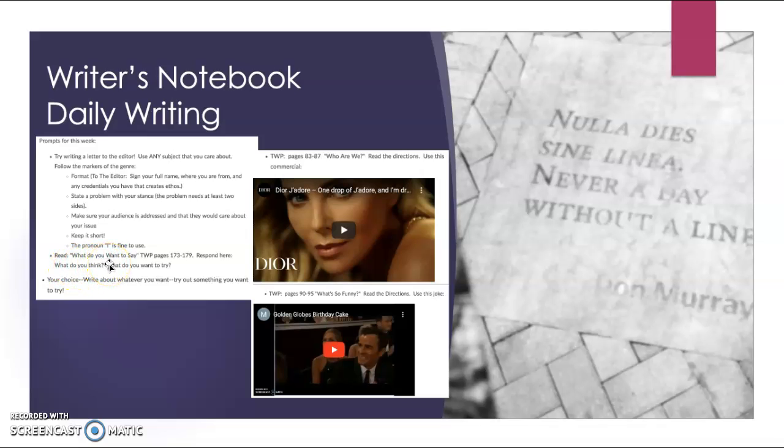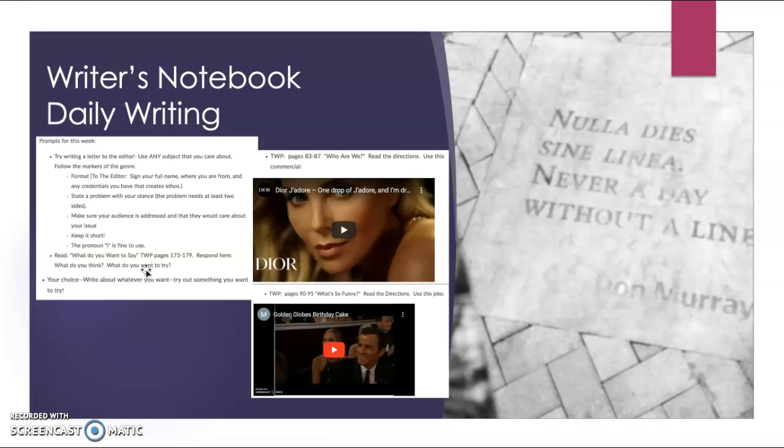pages in your book, in the Writer's Practice. I would like you to read pages 173 to 179. This is a writing experience called What Do You Want to Say? And this is going to be our big paper for this unit. Just like the creative nonfiction paper was our big paper for our first unit on writing and writing to affect audience using craft and the 6 traits and trying to move your audience, vivid description.